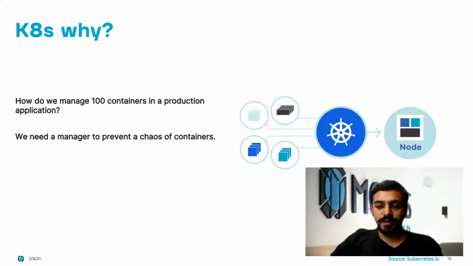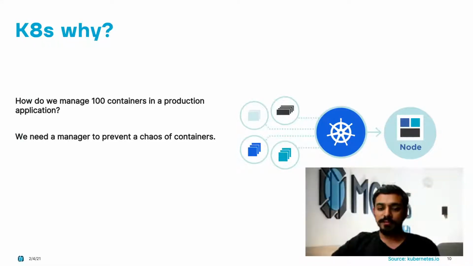So we have containers. I guess people have also heard about Docker. Docker is a containerization platform which you can use to deploy containers. Why do we need Kubernetes? We can deploy containers easily by using Docker. Then why do we even need Kubernetes? Kubernetes is more, I would say, like a manager.